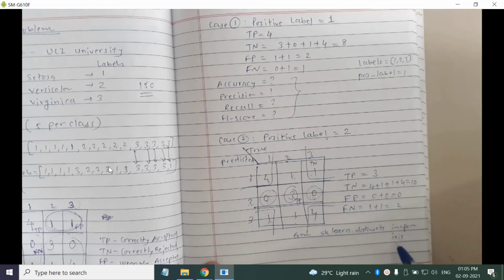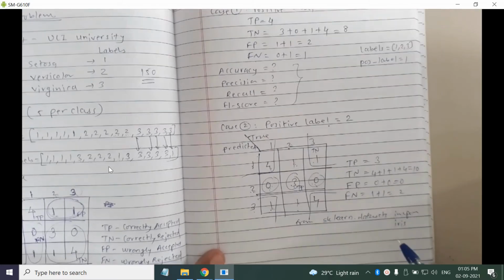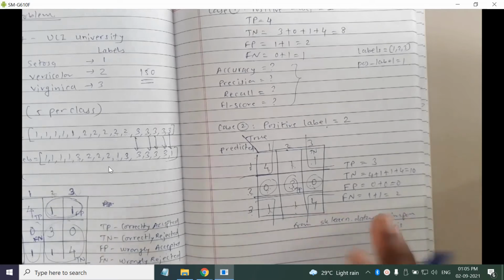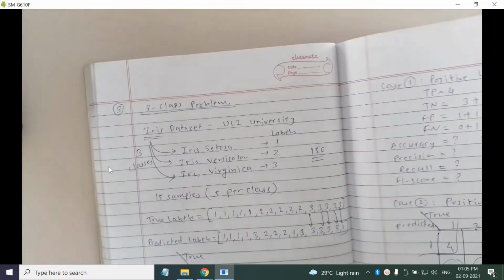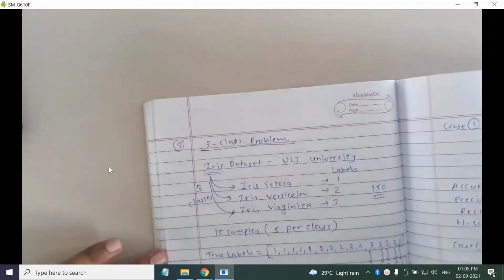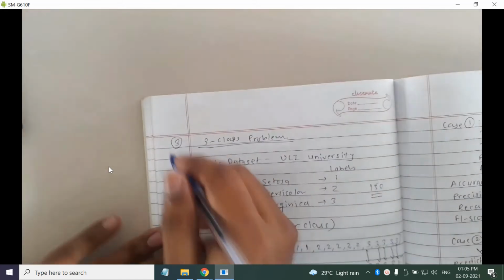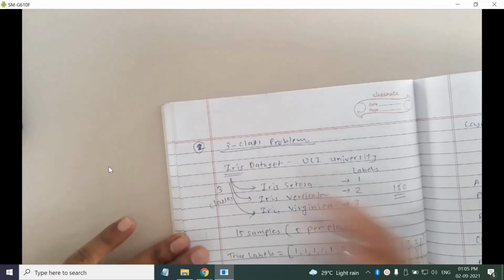I think iris is the name, or iris dataset. Then you will get a dataset, then you can work on this. 4 features are there. We'll cover that in a lab session. Now we'll just generalize this concept. यहाँ पे 2 होना चाहिए था.